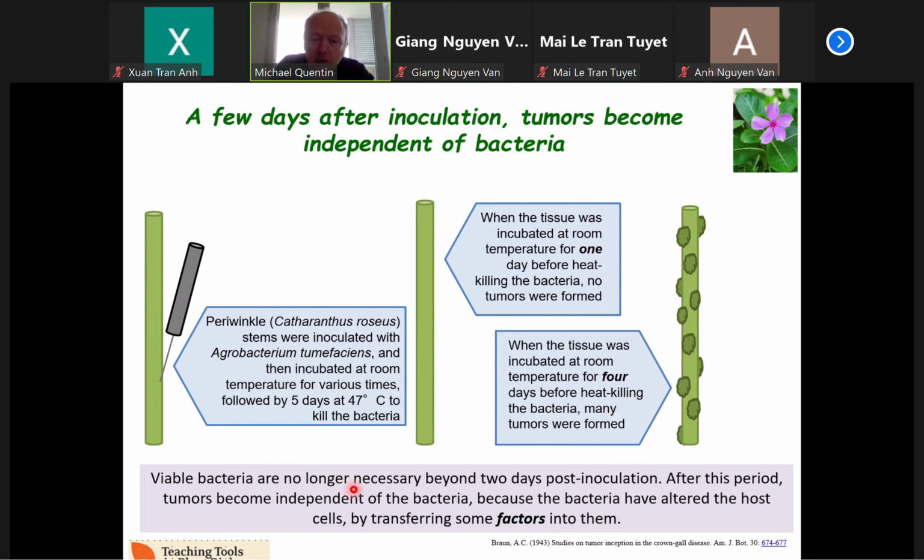This means that once you inoculate the stem, the bacteria is able to transmit something, some factor, into the stem that will allow development of the gall, even if the bacteria is not present in the stem anymore. After a while, the apparition of the symptoms will not require the bacteria anymore. The bacteria transferred some factors to the stem that will allow the development of the gall.